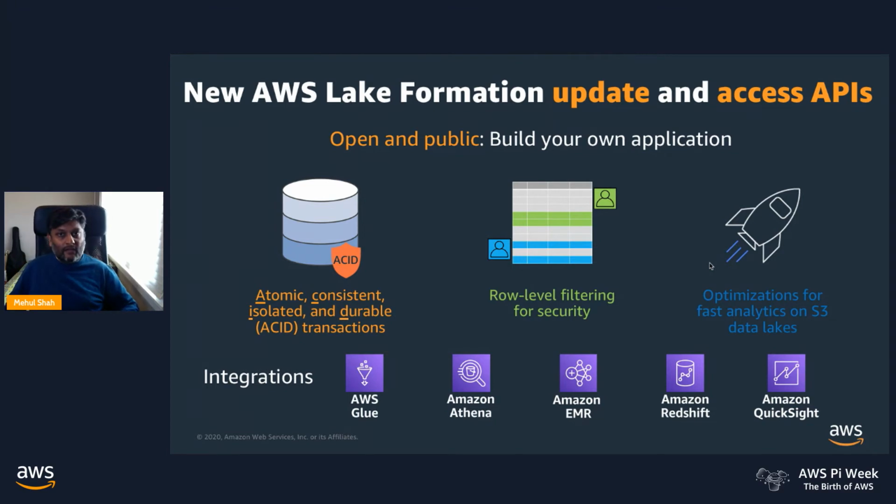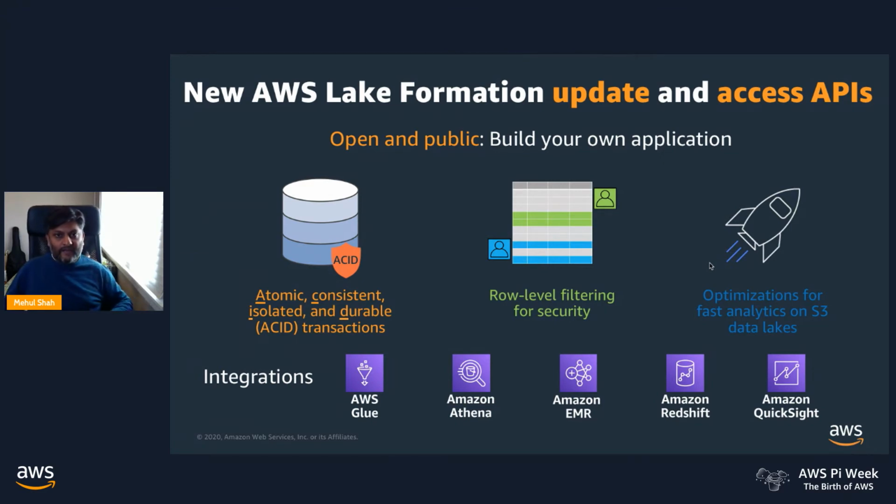These APIs are open and they're public. So not only do we have access to this data in a secure way through all of these various integrated services, but you can also have third parties access the same data, get a consistent set of results, as well as build your own applications.